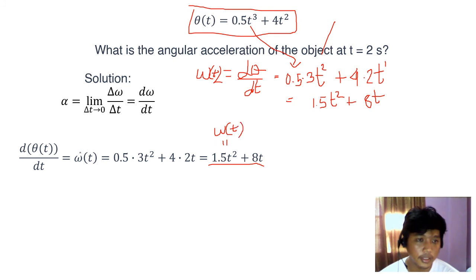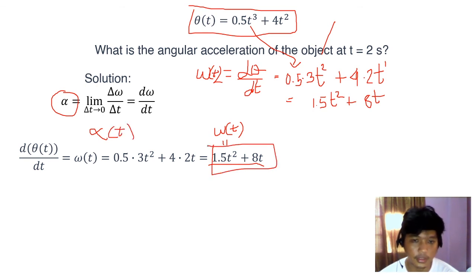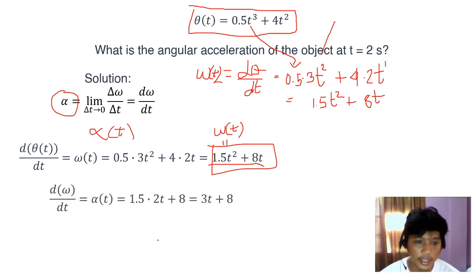But if we're interested in acceleration as a function of time, we have to derive this again. So it's a second order derivative of this original function. So we derive it a second time. It's easy, it's all good. And if we derive, as you can see, the 2 is multiplied, and the original power 2 becomes 1.